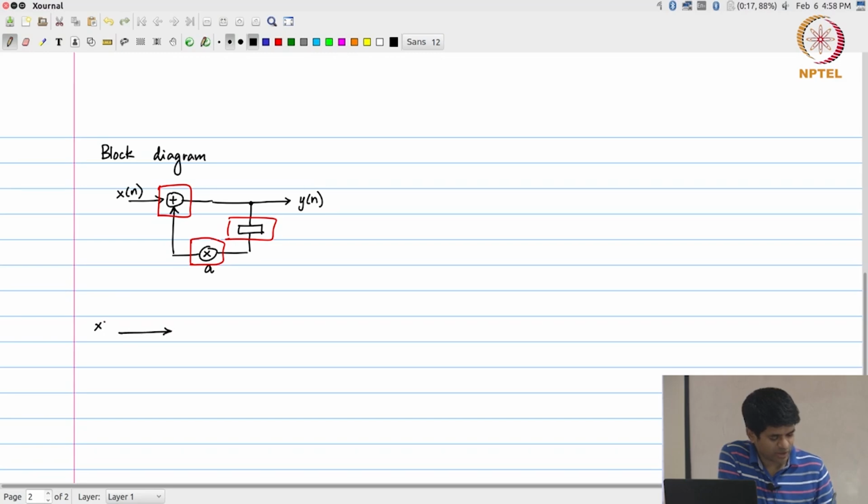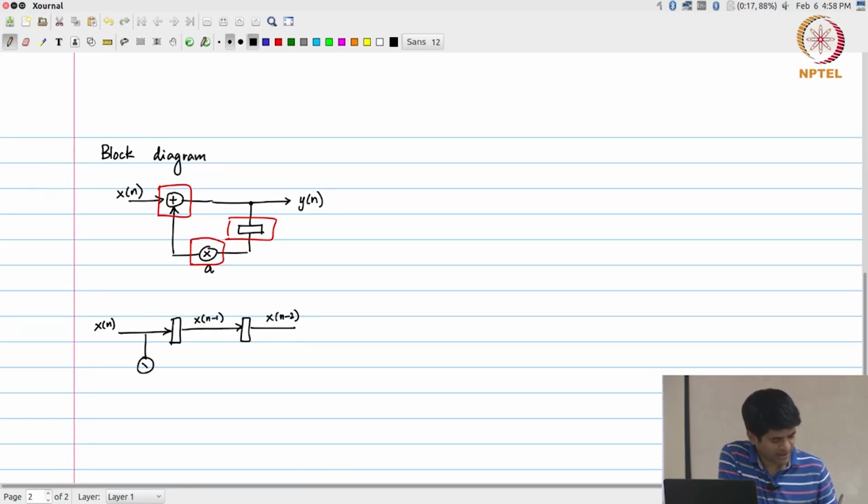I would have my input x of n. I need some kind of hardware that will generate two delayed samples. I am essentially looking at it as a shift register, right. So what I have over here will be x of n minus 1, and what I have here will be x of n minus 2. Okay.